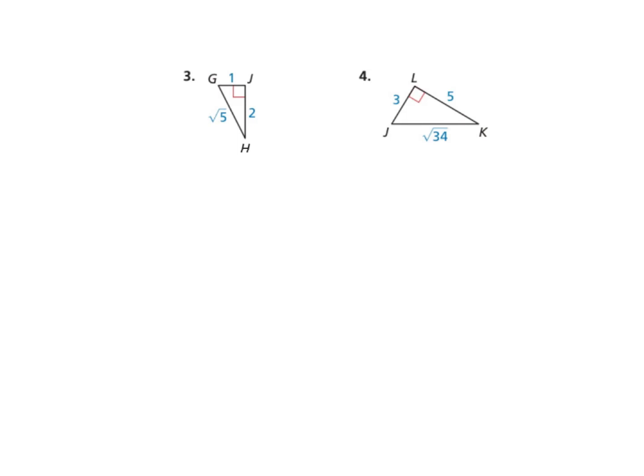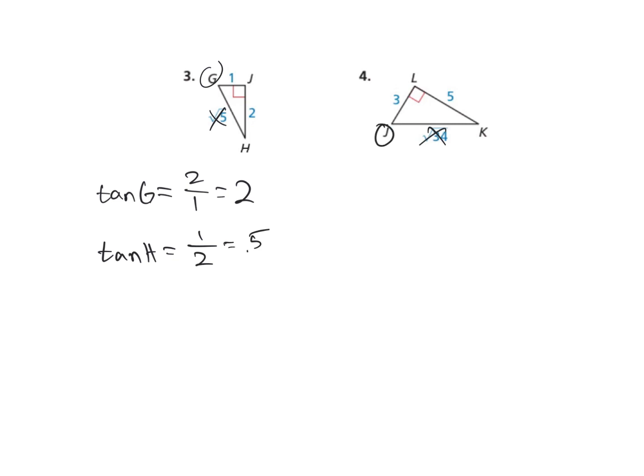Okay, let's go a little bit faster. Let's just cross out the hypotenuse for now. We don't need the hypotenuse on any of these, so that helps us. Now we'll use angle G. The tangent of G is the opposite leg over the adjacent leg. So 2. The tangent of H is the opposite leg, 1 over the adjacent leg, 2. 0.5.